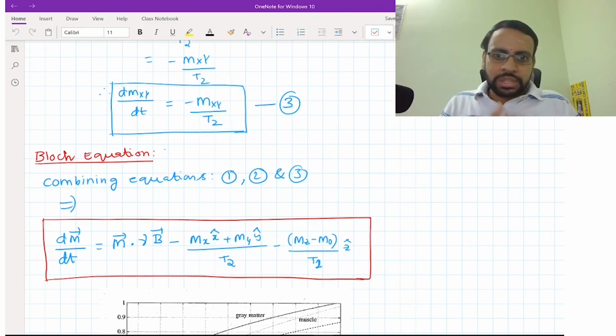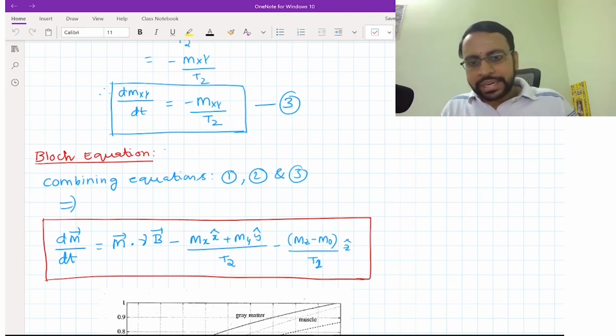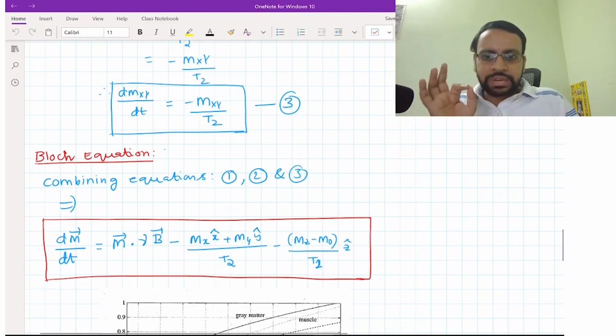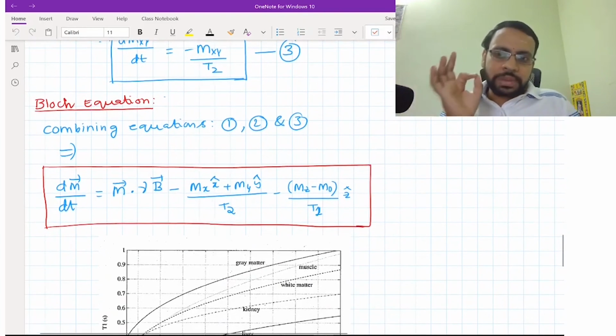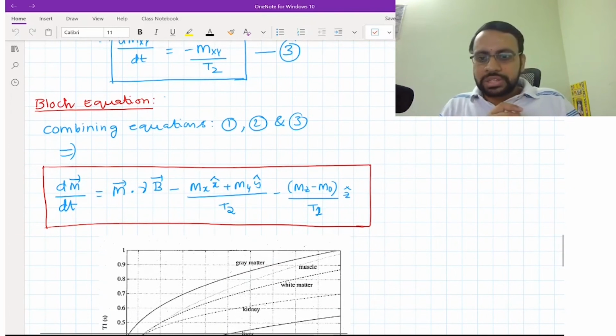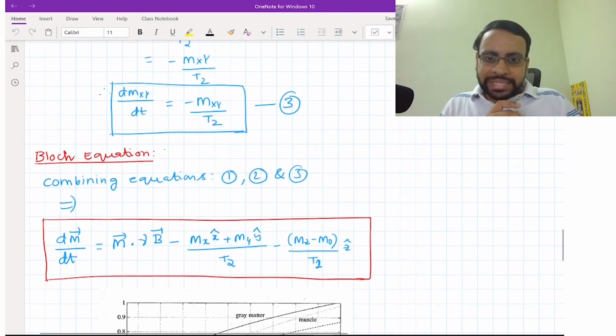Bloch is one of the Nobel laureates for figuring out this nuclear magnetic resonance phenomenon, along with Purcell, who both did it independently, and this is a very fundamental and important equation in magnetic resonance imaging. Now you could see dM bar/dt equals M bar cross gamma times B bar, minus this.